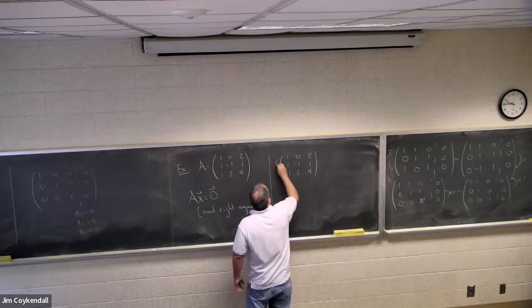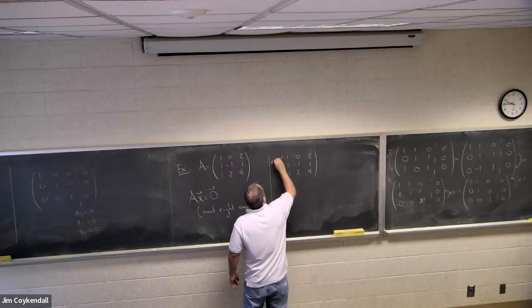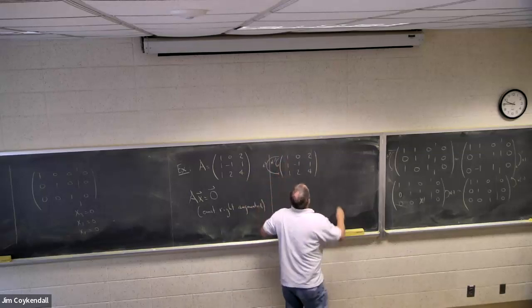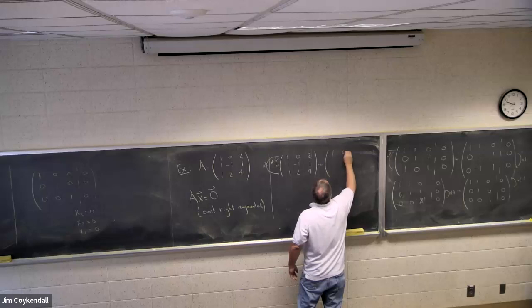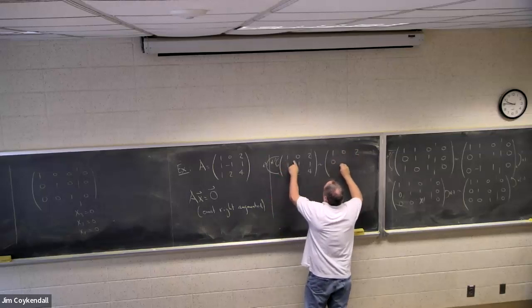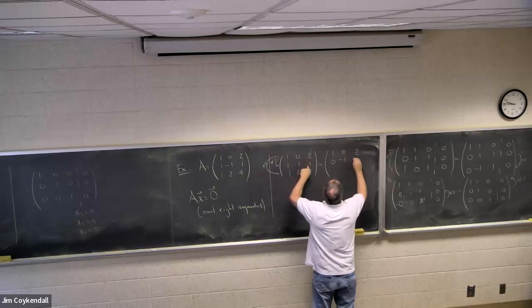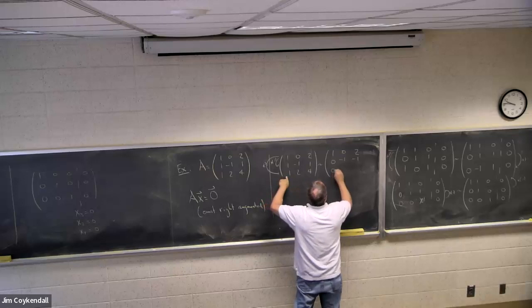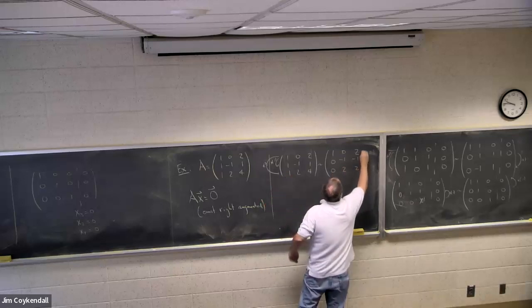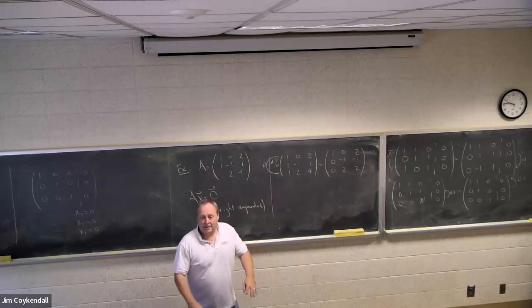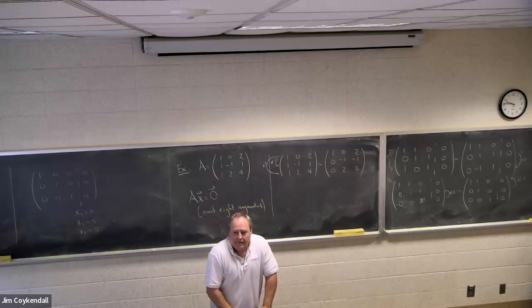I'm going to multiply this by -1 and this by -1, and take out the ones here. So I'm going to get 1, 0, 2. I'm going to get 0, -1 and add, -1, and I'm going to get 0, 2, 2.